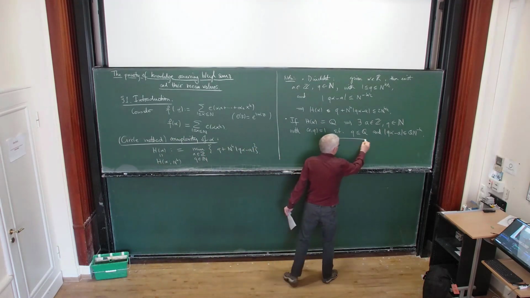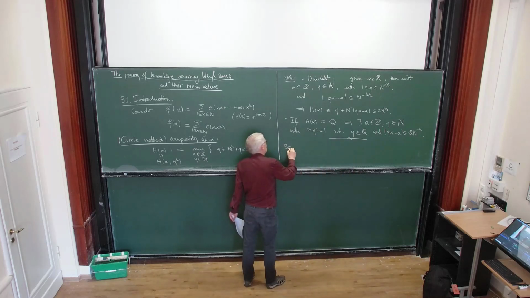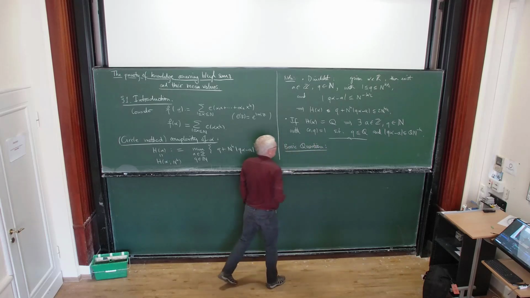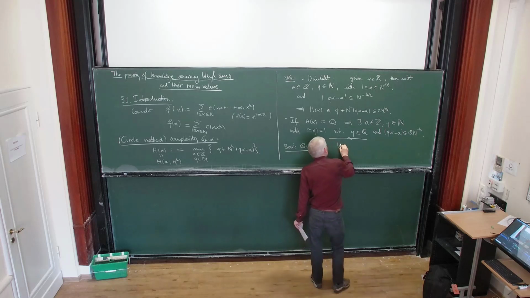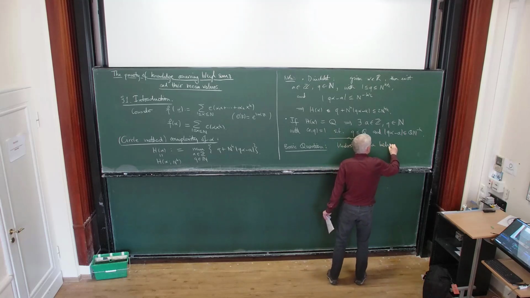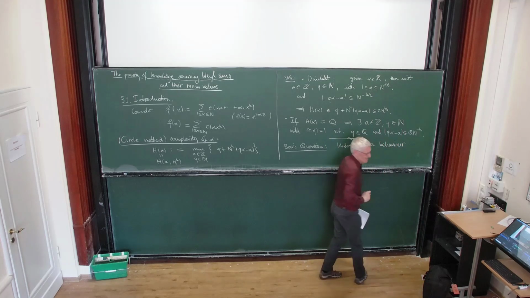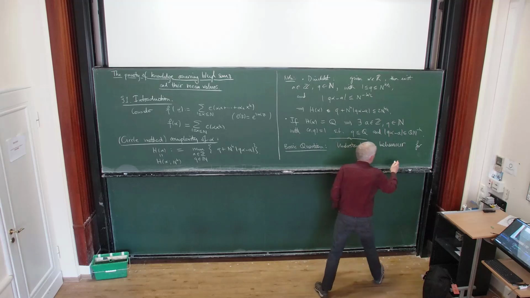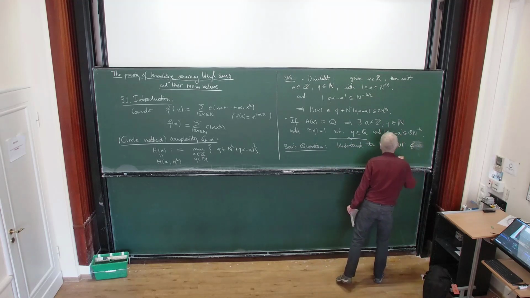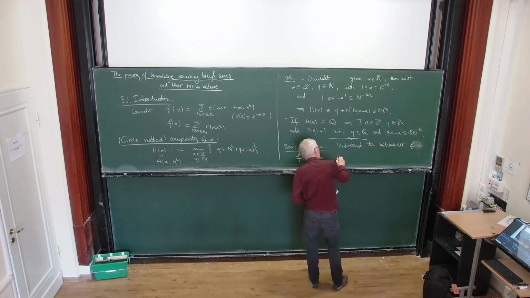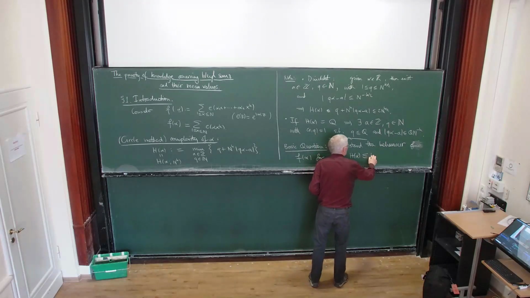So I can phrase one basic question in the subject, which is just to understand the behavior of an exponential sum like f of alpha for this height in the full range.